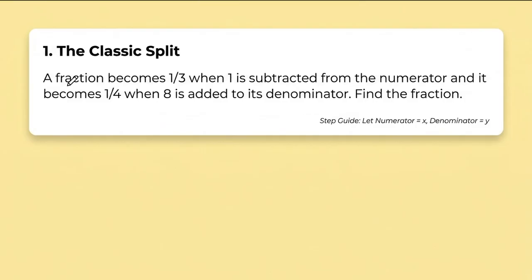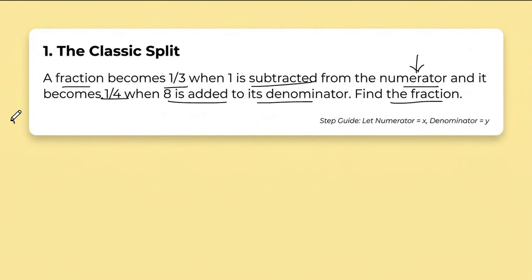The question is: a fraction becomes 1 upon 3 when 1 is subtracted from the numerator, only the numerator. And it becomes 1 by 4 when 8 is added to its denominator. Find the fraction. A fraction is two things, a numerator and a denominator.